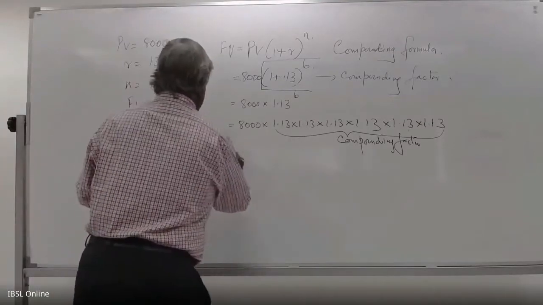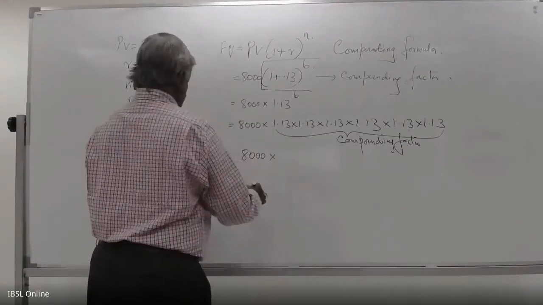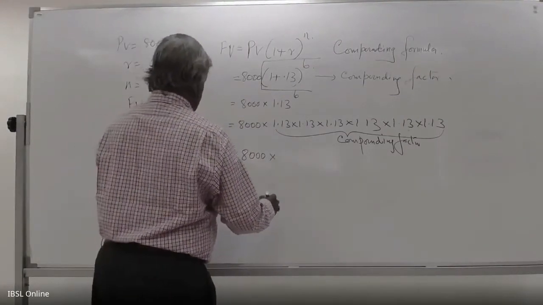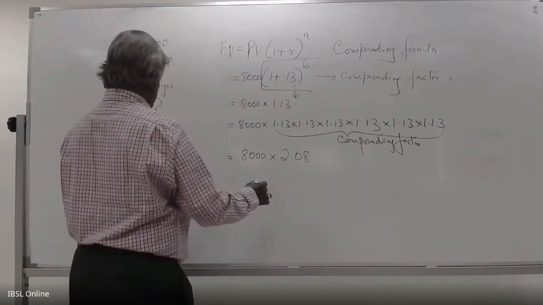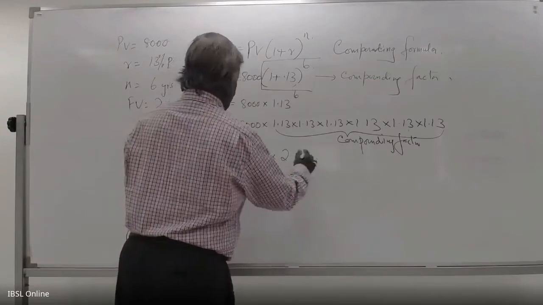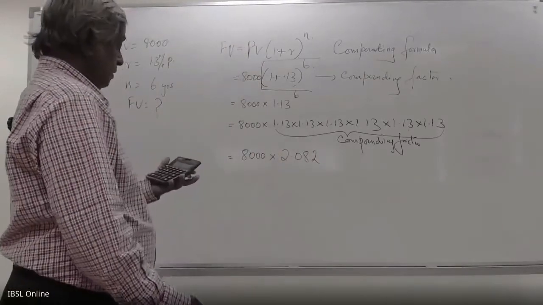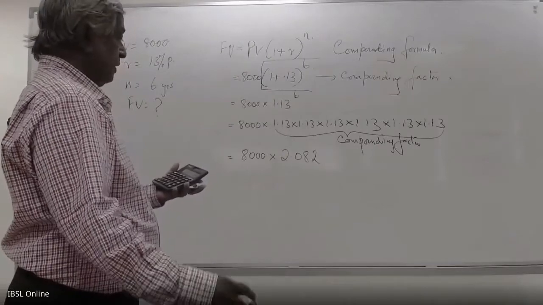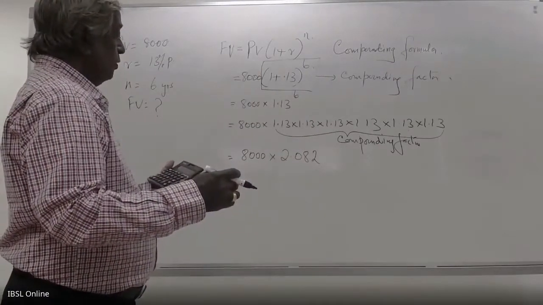So this is equal to 8,000 into 2.0819. So I make it as 2.082, you are getting 2.0819 and so on. So 3 decimals, 2.082.